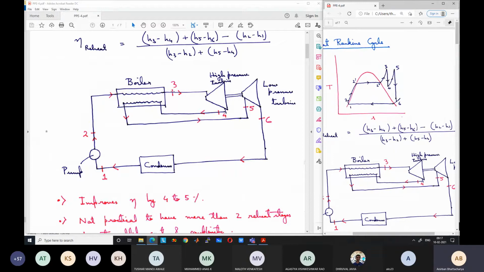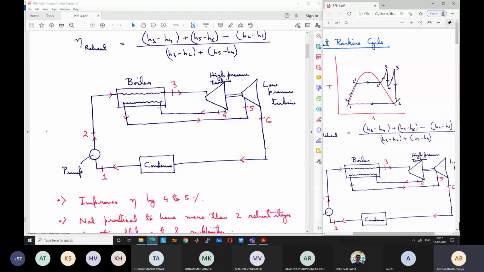Then from 3 to 4 is the expansion in the high pressure turbine. This is known as the high pressure turbine because it deals with relatively higher pressure as compared to the second turbine. Okay. So from 3 to 4 is the expansion in the high pressure turbine. So instead of going from 4 to the condenser, the steam at point 4 is brought back to the boiler.